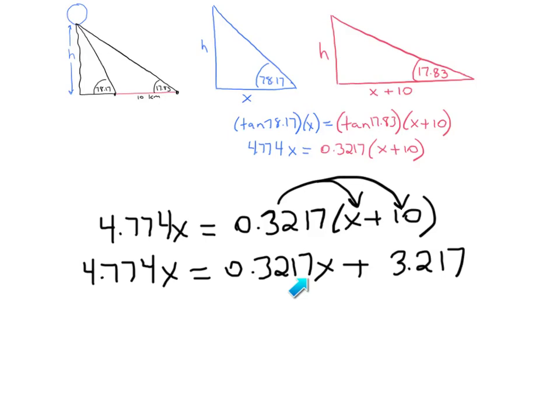Next, we'll use the addition principle. We'll want to move this x term over to the left-hand side so that we can collect like terms. So we'll subtract 0.3217x from both sides of the equation.